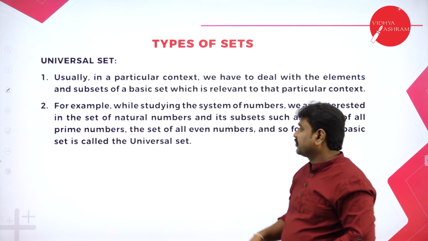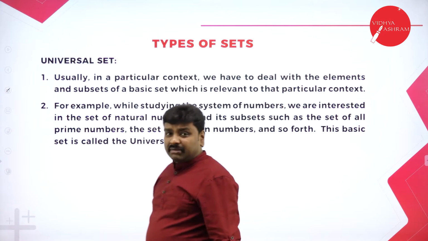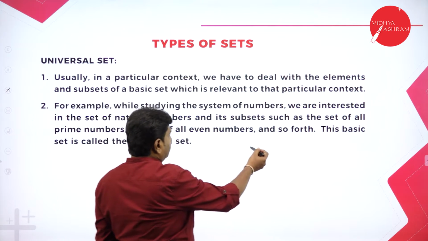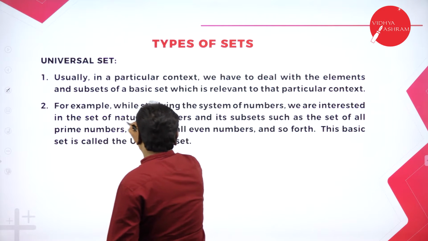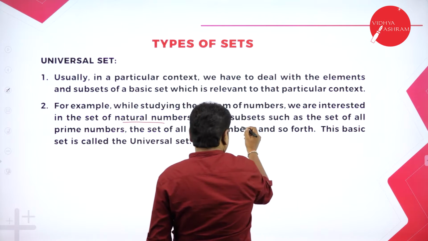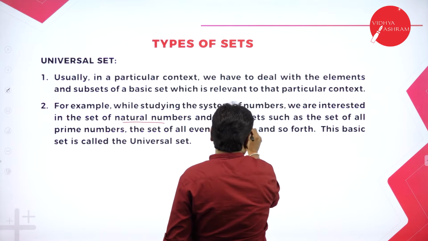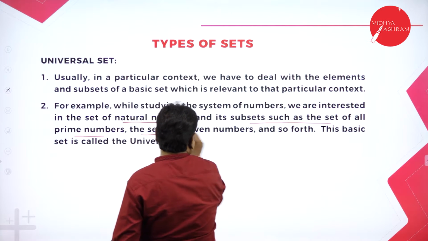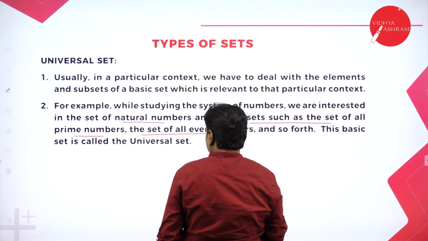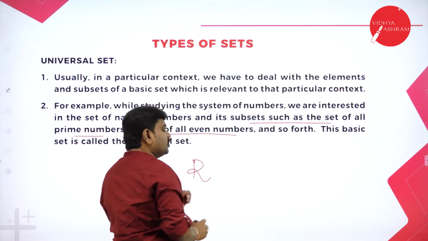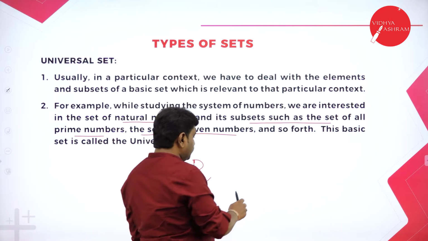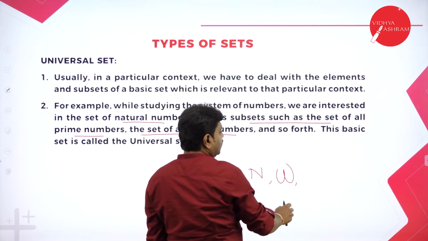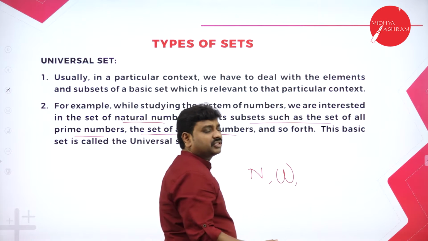For example, while studying numbers, we are interested in natural numbers and its subsets such as the set of all prime numbers, the set of all even numbers, like that. So real numbers is a universal set in which natural numbers are a subset, whole numbers are a subset, and also even numbers and prime numbers.